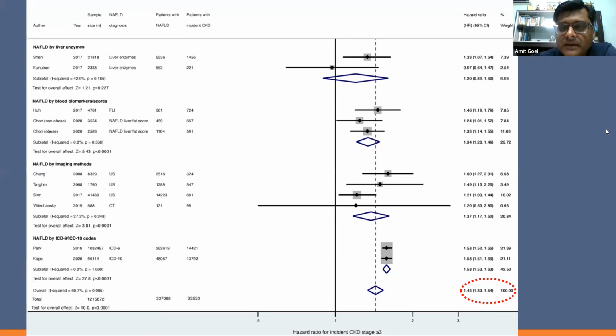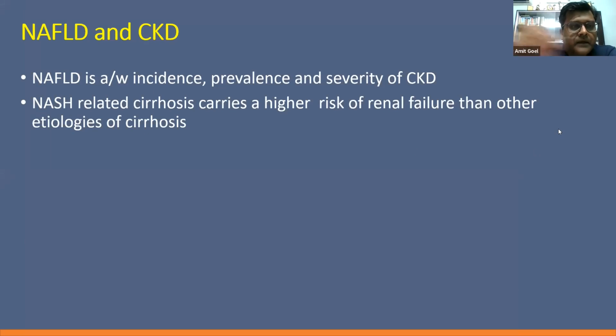They have also grouped this risk according to the method used to diagnose fatty liver disease. This is needed anyway because there is variation in the diagnosis of NAFLD. So we can say that NAFLD is associated with high risk of incidence, prevalence, and severity of chronic kidney disease.